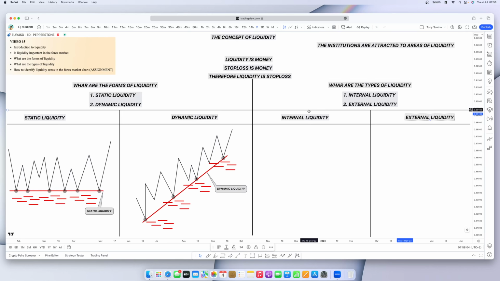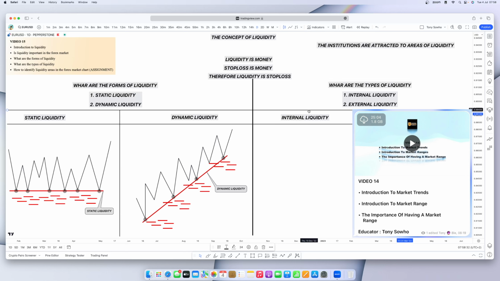Number one is the trend of the market. Number two is the what? The range. Now, if you do not understand the concept of range, you will have difficulty in understanding internal liquidity and be able to spot it. So if you just watched that range video without having a good understanding, now is the best time to pause this video and just go back to range and watch it again.